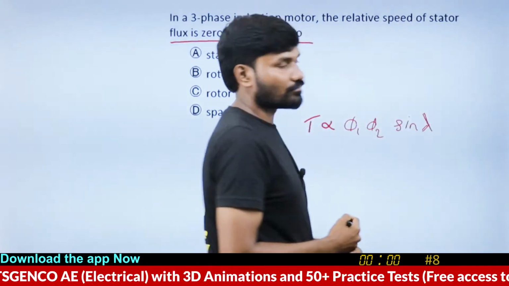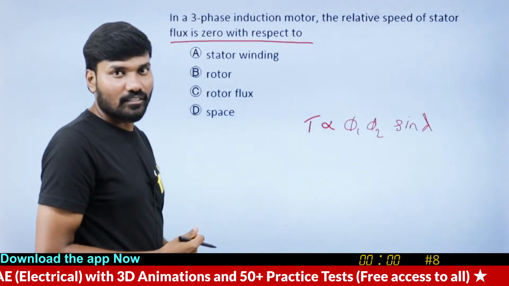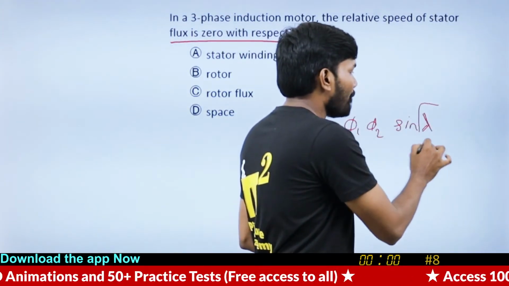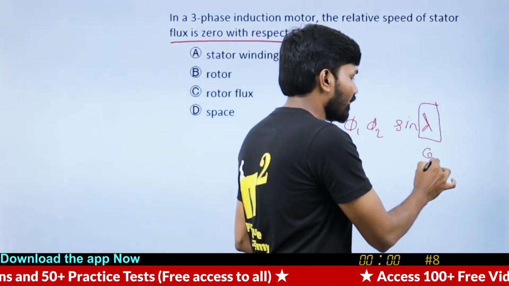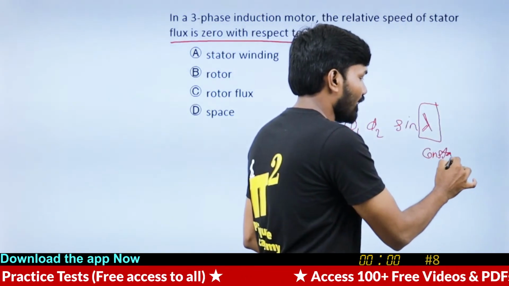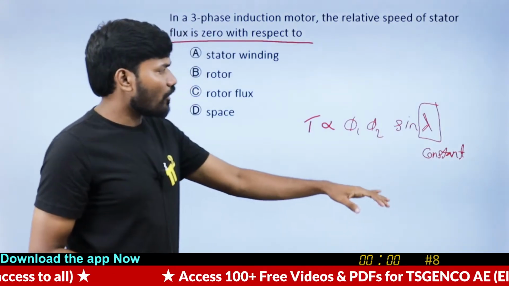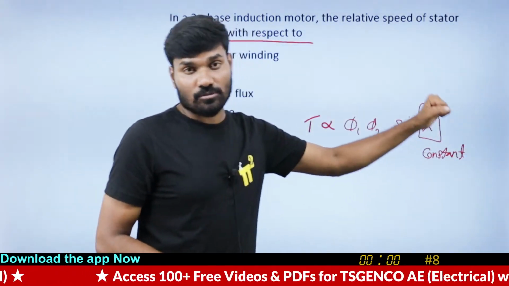That's a torque formula, right? So in phi1, phi2 sine lambda, this lambda must be constant. Careful here with this point. For any machine it is true. This will help you a lot in case of measurements also.